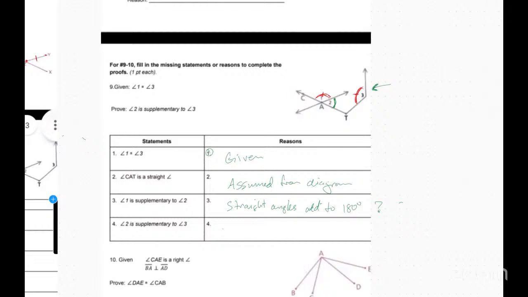Can you look in your notes for the property? Yes. Geometry. I'm gonna look it up. Geometry reason.